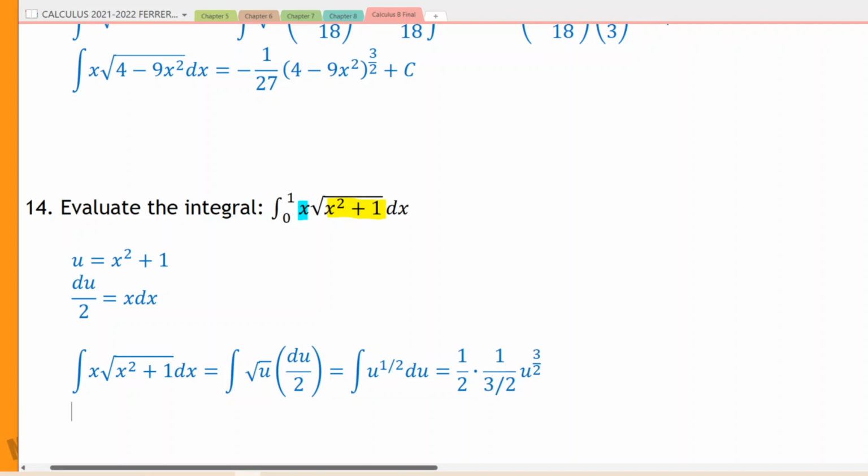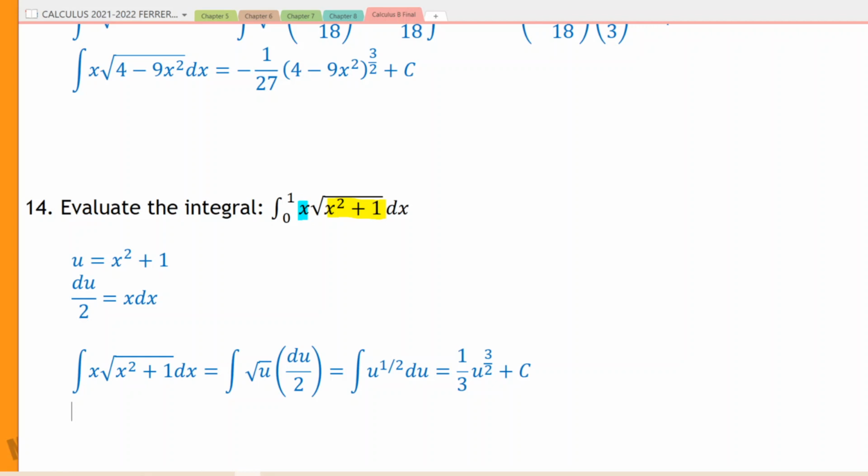Then we'll divide by our new power, and then plus c. 1 over 3/2 power, that's the same thing as 2/3. Then we can multiply 2/3 and 1/2. Great, and this is our antiderivative in terms of u.